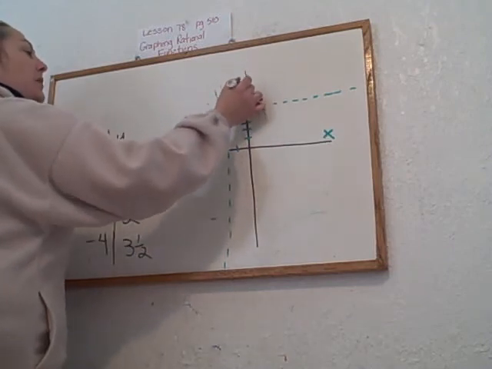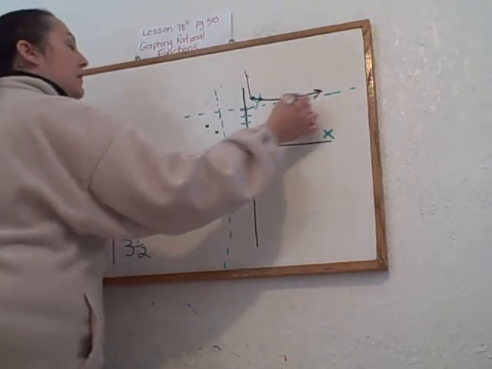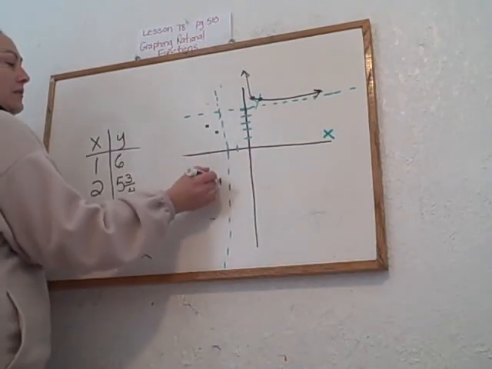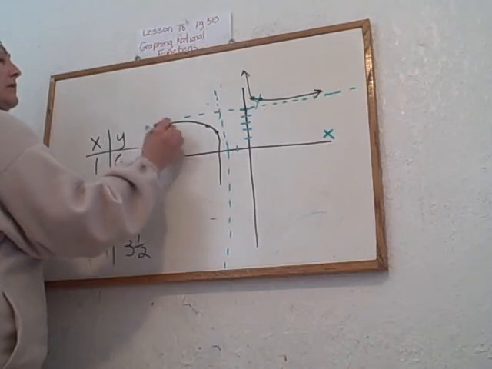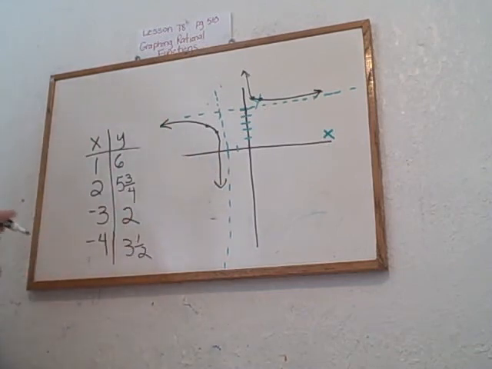So now that we have a couple of points, we can go ahead and sketch our rational function.